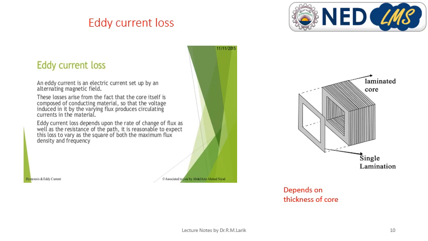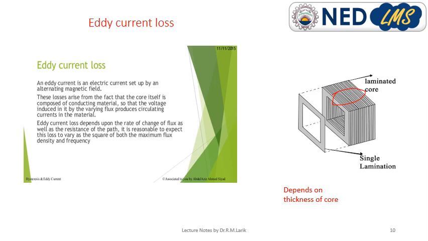Eddy current loss. Eddy current loss occurs inside the core, and cores are laminated. See, these are thin bars. The core is not completely one box actually. It is thin laminations; different thin pieces are joined together to form the core.